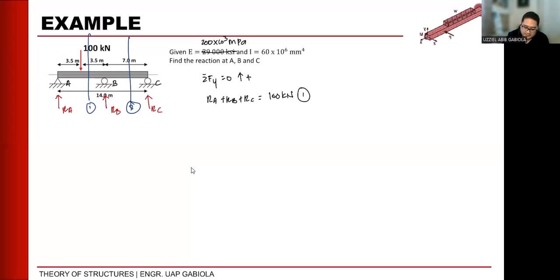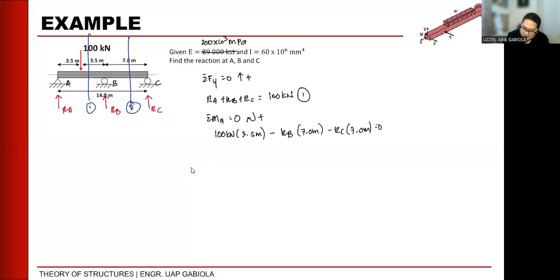Okay? Next, summation of moment at A is equals to 0. Taking clockwise as positive, so 100 kilonewton times 3.5 meters minus RB times 7.0 meters minus RC times 7.0 meters is equals to 0.